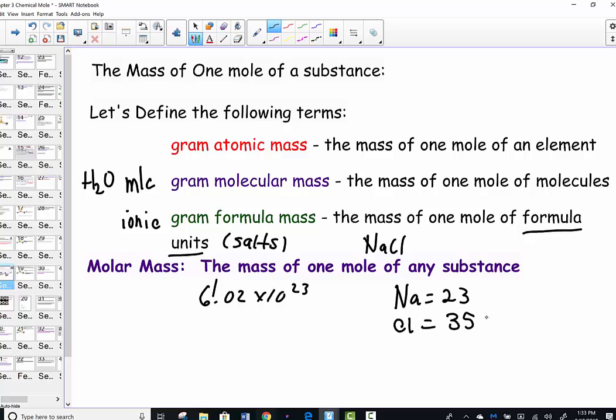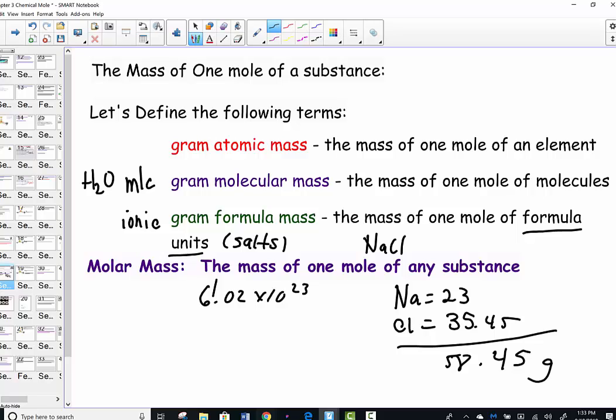Why are there three different words, three different vocabulary words? Just simply because we weigh different things in chemistry. We can weigh atoms, molecules, or formula units.